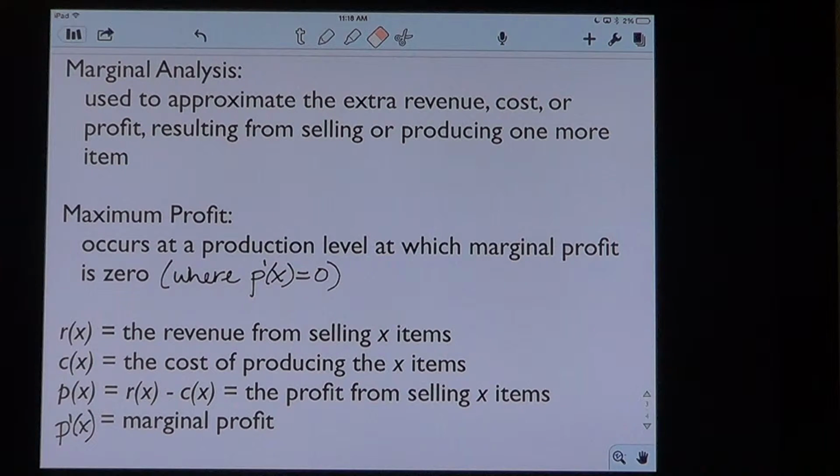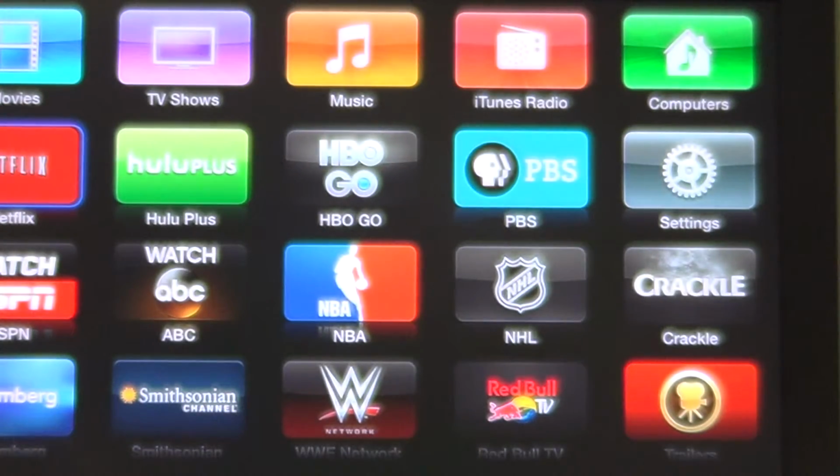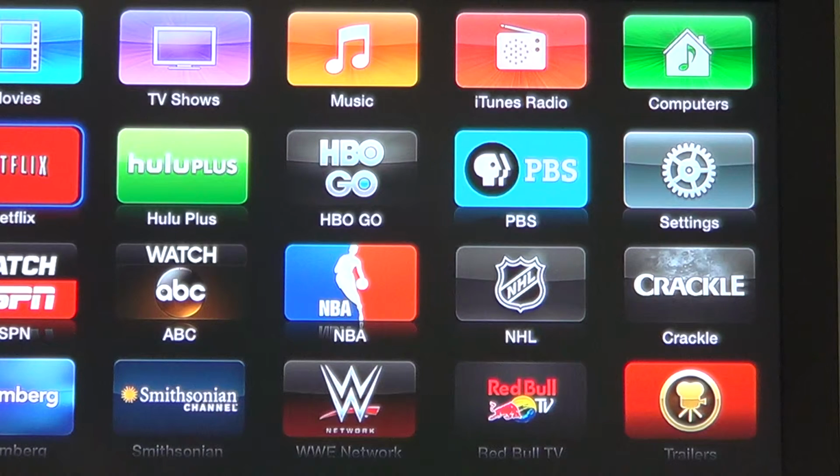Is there a certain number of items that if they go over it, their cost goes up by a lot? That's why we are using the derivative, because we're finding the slope of the profit function.